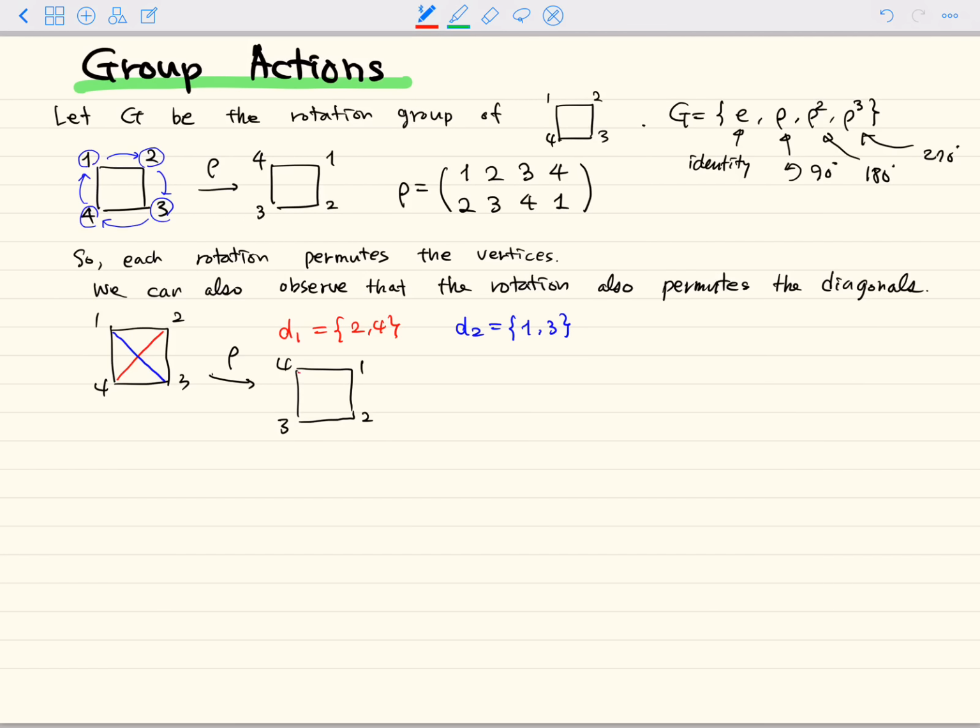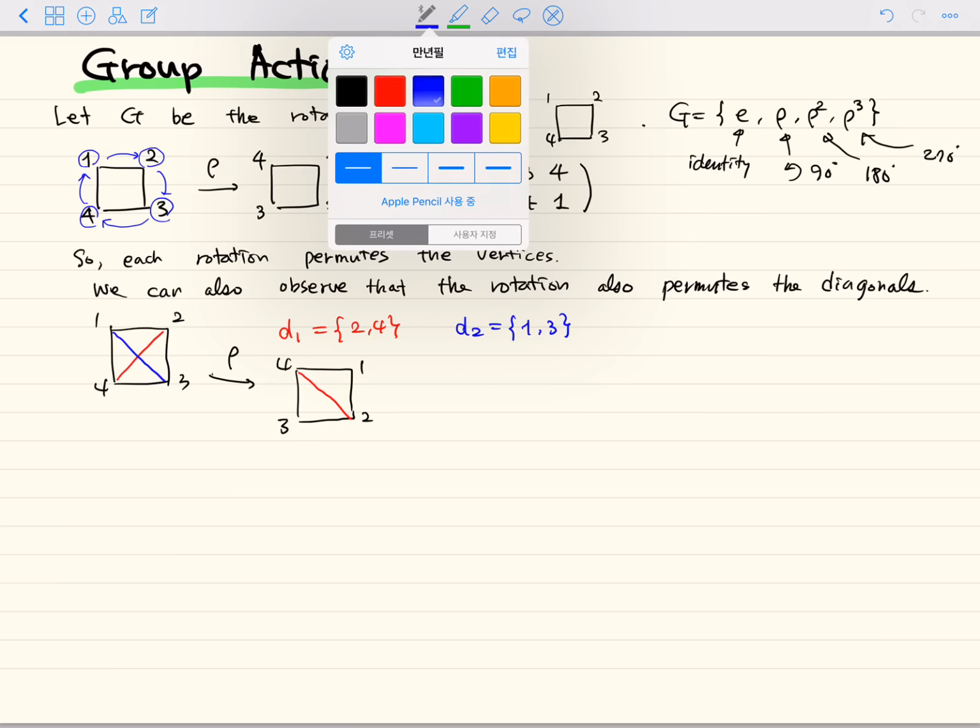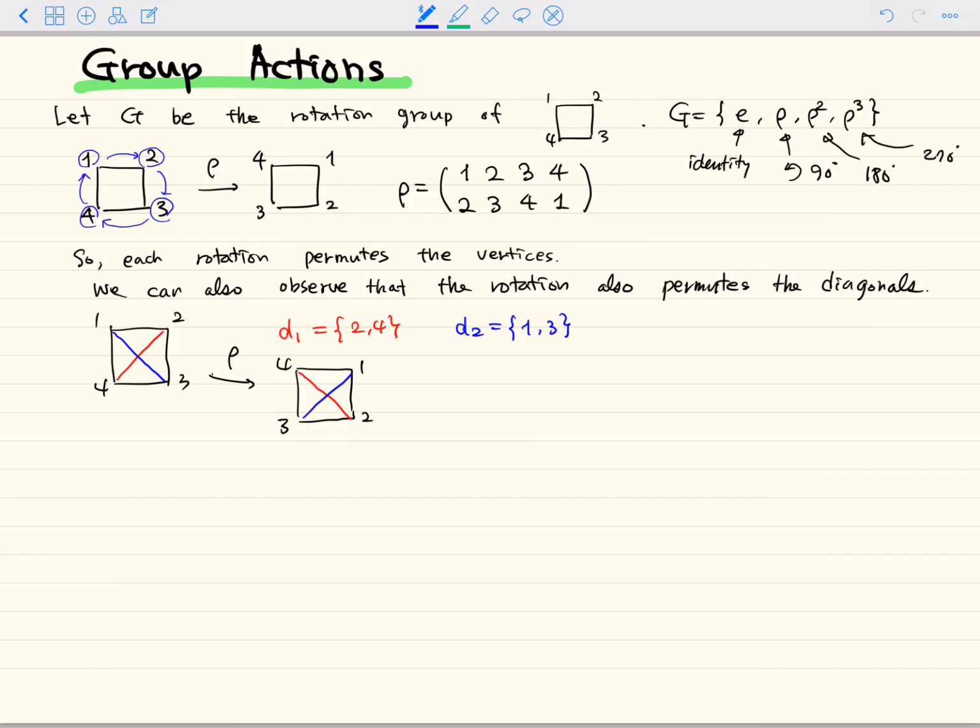Now the red diagonal will be here, and the blue diagonal is located like this. So rho moves D1 to D2 and D2 to D1, because this is D1, and if you do the rotation, this will be located here, which is D2.